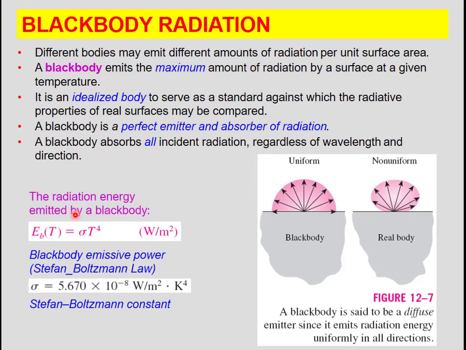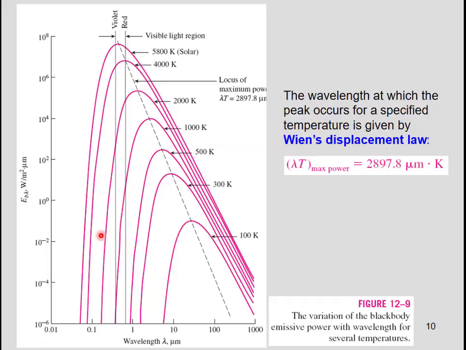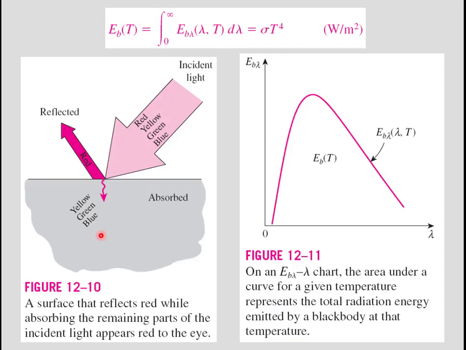This radiation energy which is emitted from a black body we can calculate by this equation. Here we introduce a new method to calculate this radiation energy of the black body, which is the area under the curve for a given temperature and in different wavelengths.